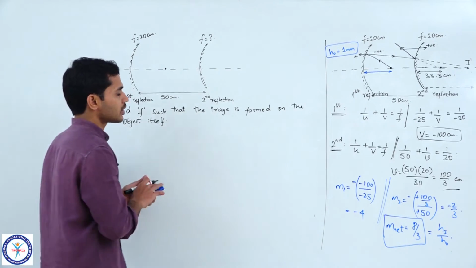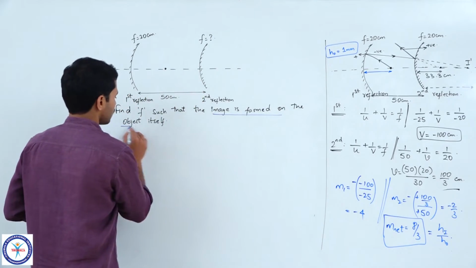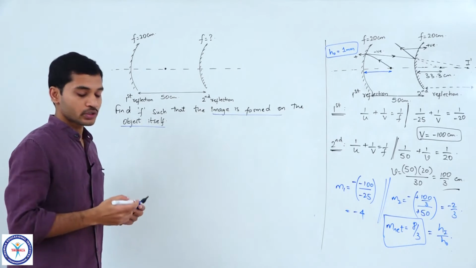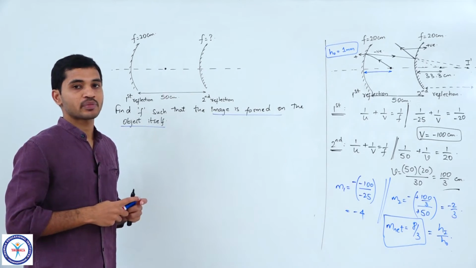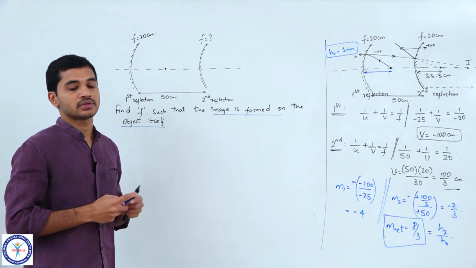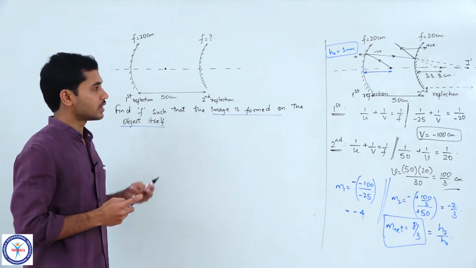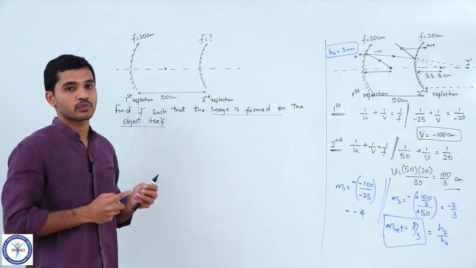Remember, whenever we need to find the location or the condition for image and object coinciding, I told you what should happen somewhere in between. Normal incidence should happen, retraceability should occur. For retraceability to happen, the light ray should strike the mirror normally.